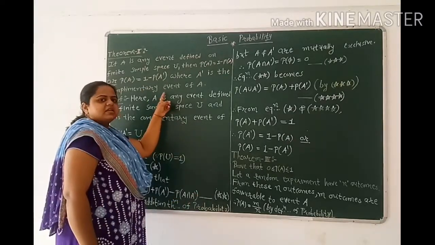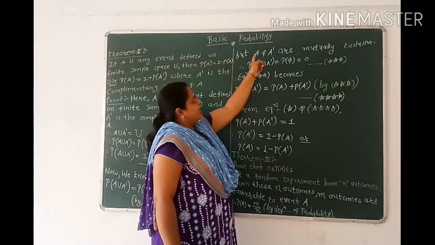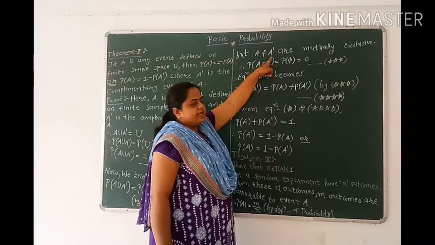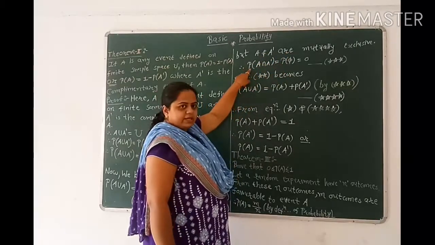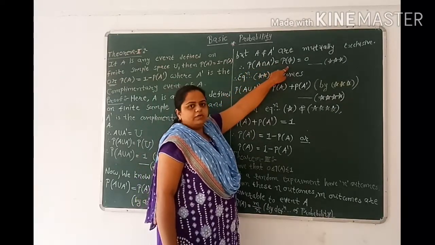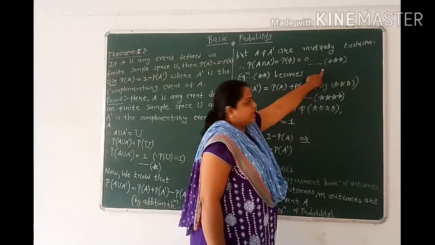As A dash is the complement event of A, the intersection of A and A dash is phi. That is, A and A dash are mutually exclusive events. So probability of A intersection A dash equals P of phi equals 0. Give this equation number triple star.